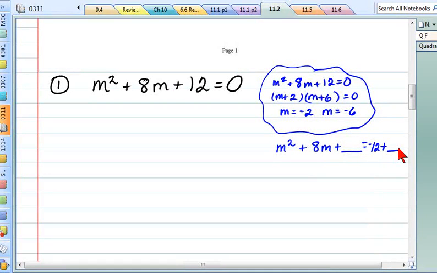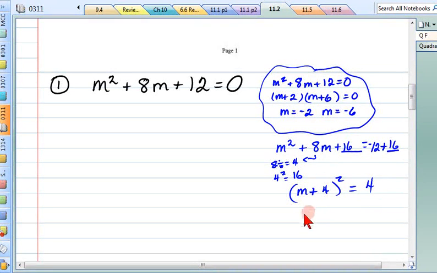Okay, I'm writing this small. I'm just hoping that you kind of follow along. I would take the 8, take half of it. Half of 8 is 4. Square that for 16. So I would add 16 on the left and 16 on the right. That would give me the binomial m plus 4, quantity squared, is equal to, combining those, I get 4.